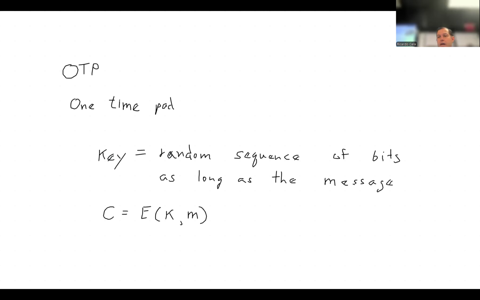We don't know yet, and that's what I'm about to do in the one-time pad. There are two things I'm adding here. One, the key is as long as the message. And then, what is the algorithm? Now I'm going to define the algorithm to be K XOR M. This should be the symbol for XOR.